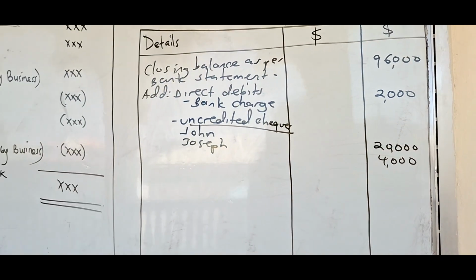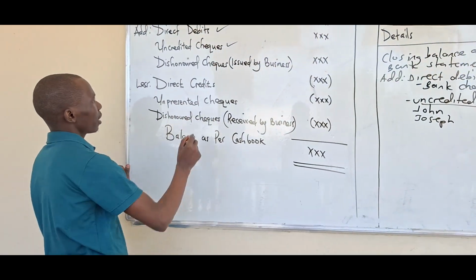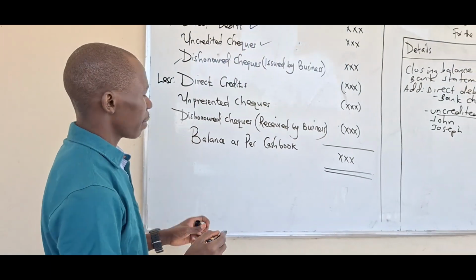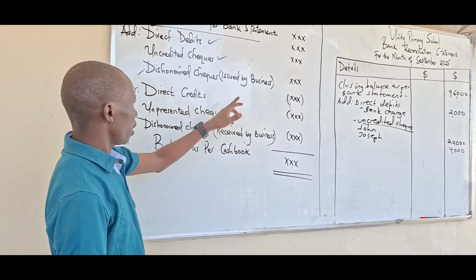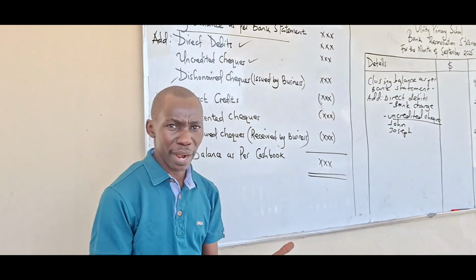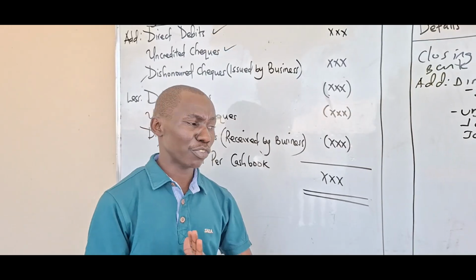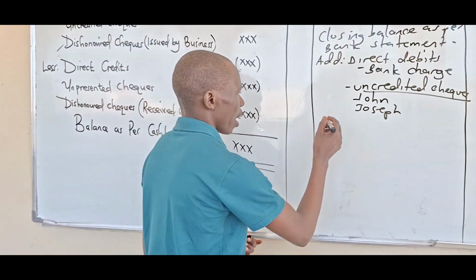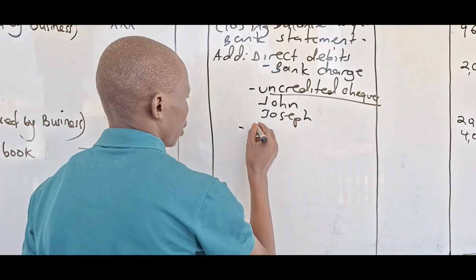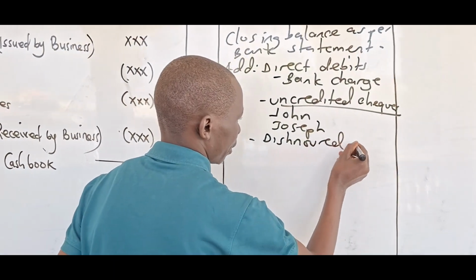When you look at our format here, I told you start with direct debits, you add uncredited checks, then the dishonored check must also be brought back there. Any check issued to the customer, but it was dishonored by the bank. When the bank dishonors the check, of course, it means money has not been removed from your account. You come here and you put what you call dishonored check.